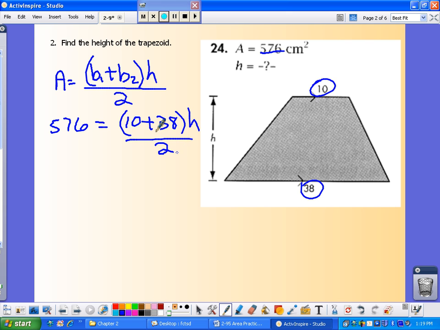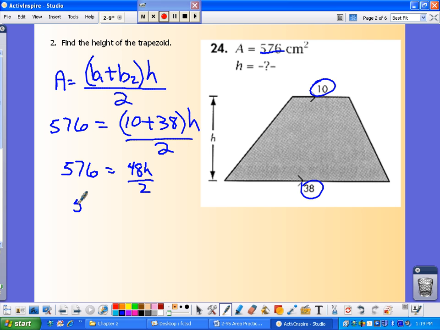So, I can combine these things, right? So 576 equals, well, that gives me 48h over 2. There's a couple ways you can take this. You could cross multiply if you want. Or you could just divide that 48h by 2, right?